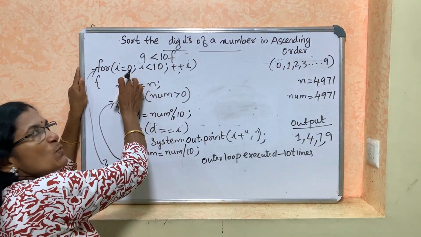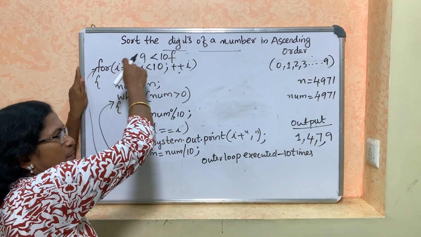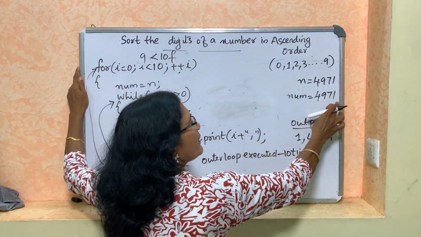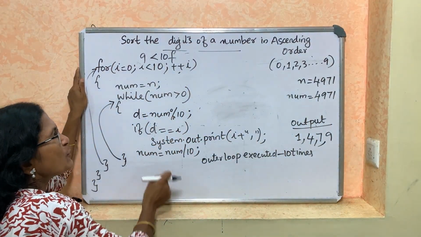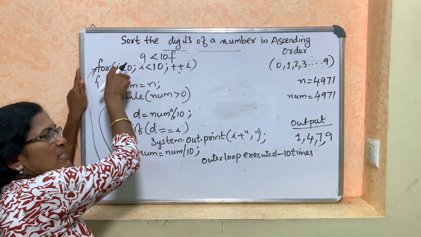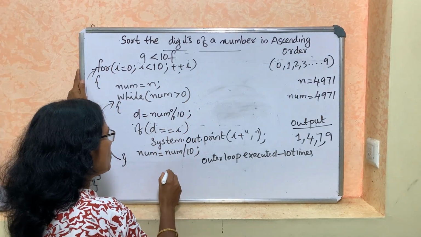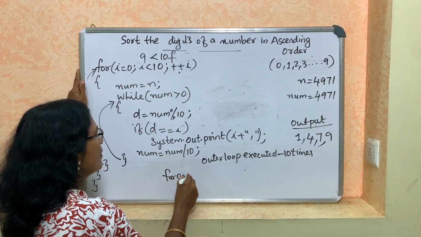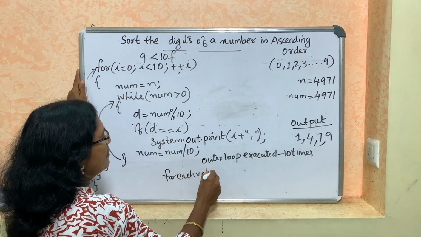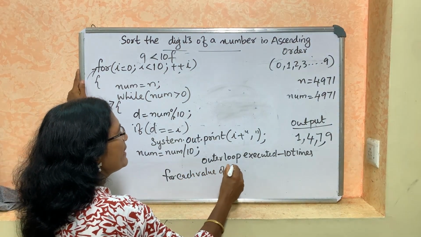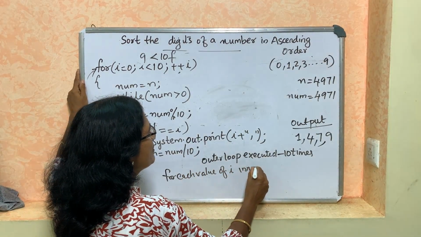And for each value of the outer loop index variable, inner loop extracted all the digits of num. So for each value of the outer loop index variable, inner loop repeated 4 times.